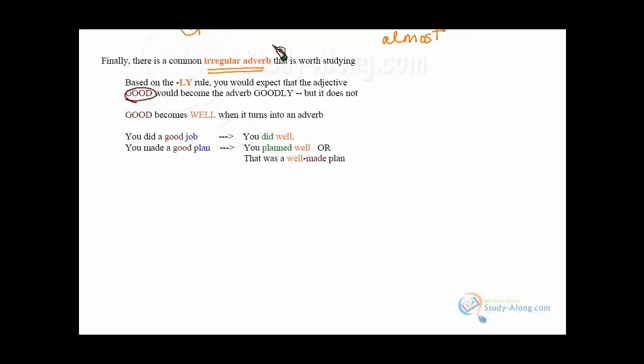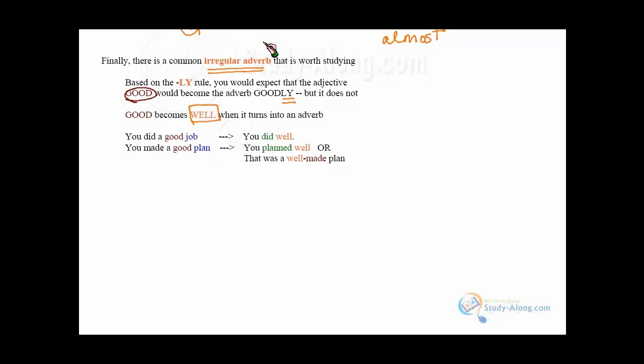Based on the ly rule, if I wanted to say that I did something in a good way, I would expect it would become goodly, but it does not. Good becomes well when it turns into an adverb. So this will sound right to you.